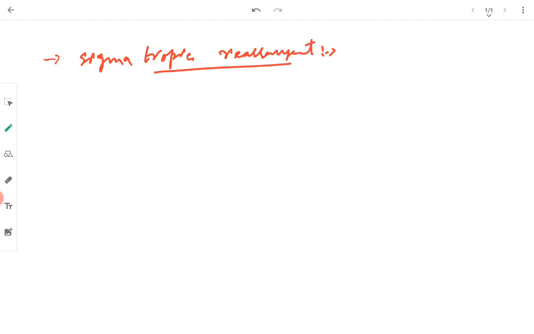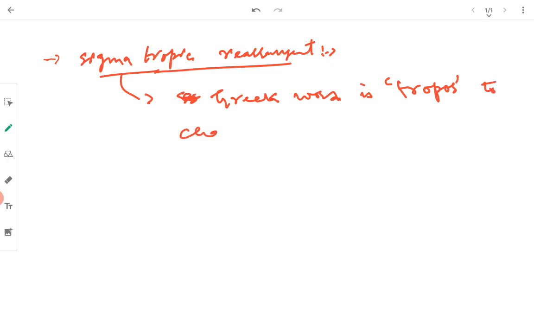This word sigmatropic comes from the Greek word tropos. Tropos means to change. So sigmatropic means sigma change.